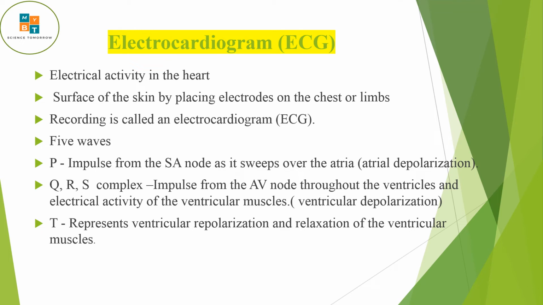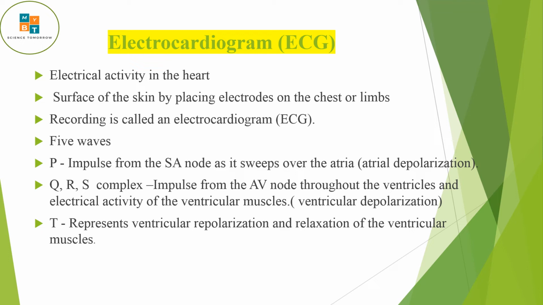This is the impulse coming from the SA node. The impulse comes from the SA node and sweeps over the atria. There you have the depolarization. Before the contraction, there should be the impulses, and that is called atrial depolarization.